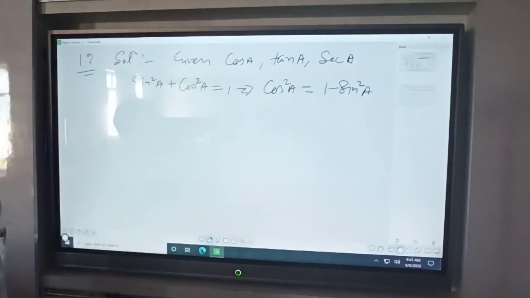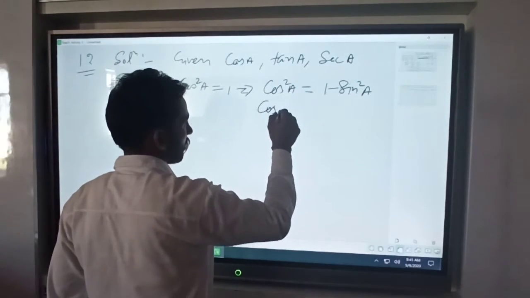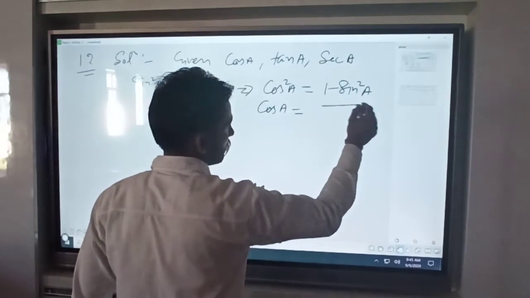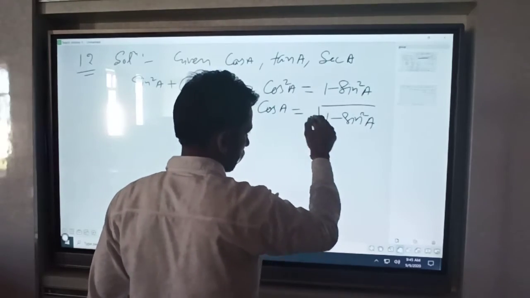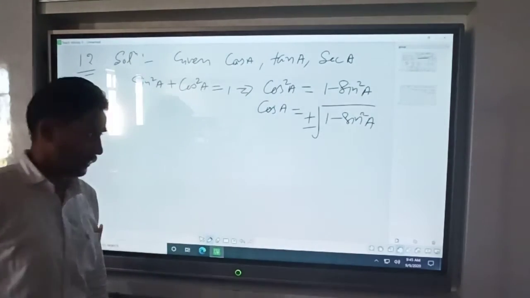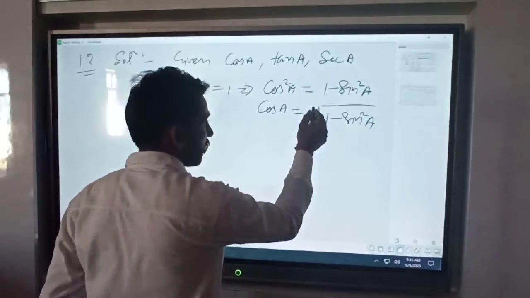Taking square root both sides, from here cos A is equal to square root 1 minus sin square A. Here is plus minus. Now there are two values of cos A. Cos A is equal to plus or minus under root 1 minus sin square A. Now why are there two values, but we have to choose only the positive value.